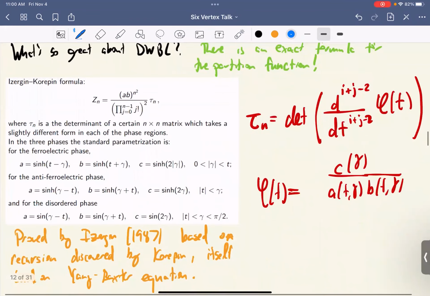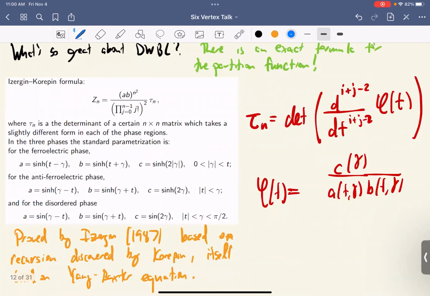It turns out for these boundary conditions, domain wall boundary conditions, there's actually an exact formula for the partition function, which is really nice. It's written here. This is called the Izergin-Korepin formula. It's some explicit factor times this thing I'm calling tau, and tau is a Hankel determinant. So it's a determinant of a big matrix of size n by n.